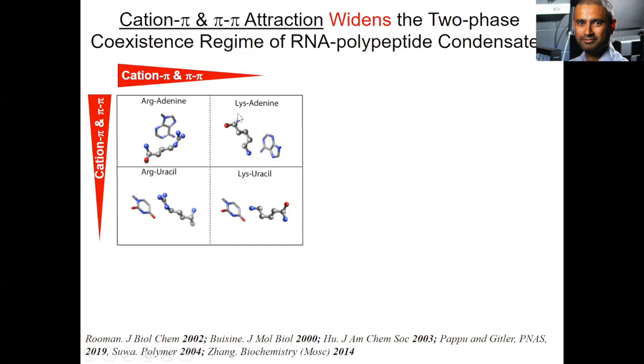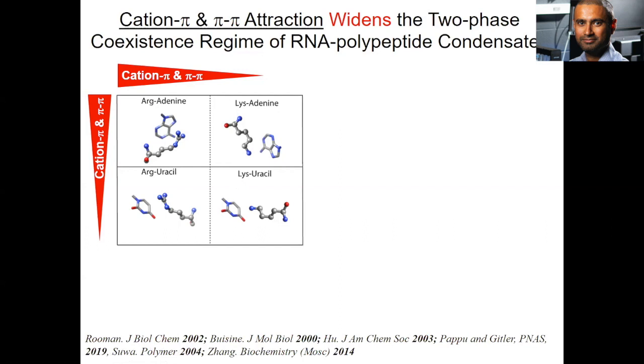For example, cation-pi and pi-pi interaction. And since arginine has this guanidinium group, it is better poised to do cation-pi than lysine, which doesn't have that kind of pi system. So it's a combination of the short-range cation-pi and pi-pi interactions beyond electrostatics that might be tuning how this condensation behavior is governed, right?